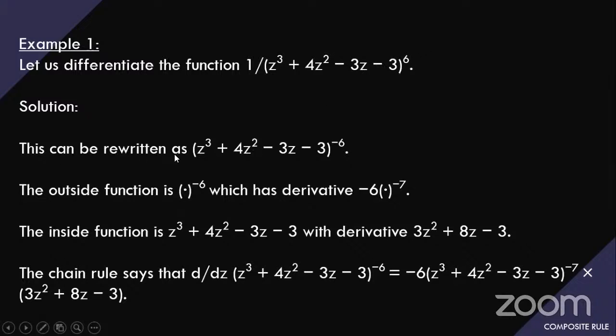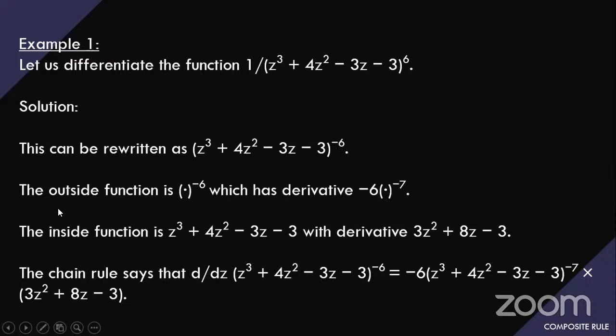We can rewrite this with that simple example. So let's rewrite it as z cubed plus 4z squared minus 3z minus 3 raised to the power of minus 6.